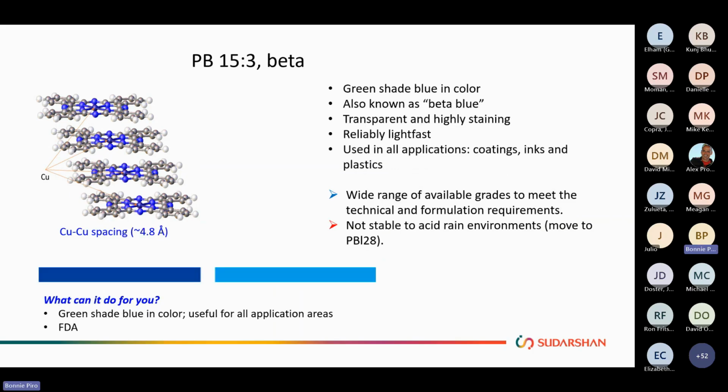Shifting to the beta side, this is a further apart copper atom in the matrix. These are to the green side, definitely a well-used color index, and you'll see that in a little bit with the amount of products that we have here. It shows up in all application areas as well.